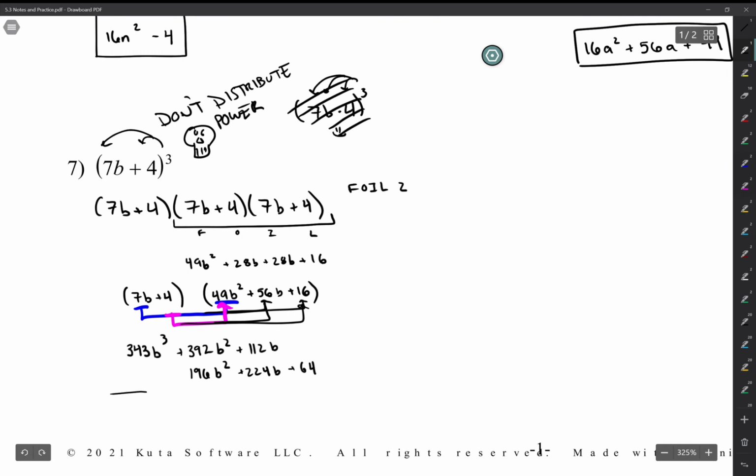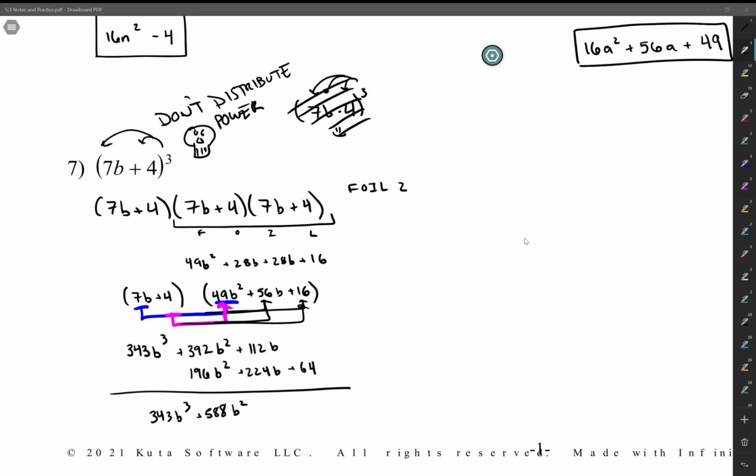So let's just add them all together and see what we got. 343, b to the third. 392 plus 196, that's a big old number. 588, b squared, and 112 plus 224 is 336b, and 64.